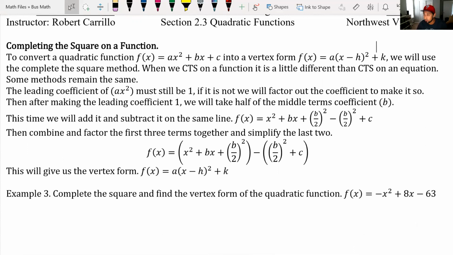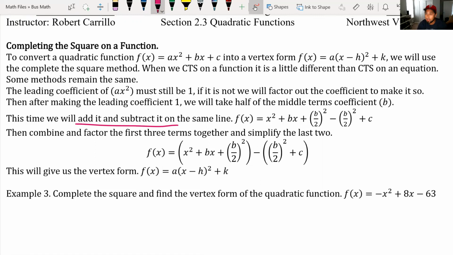If it's not, we will factor to make it so, like we did on the last example. And this time, instead of adding it to both sides, because we don't have two sides, we only have one side, that's the right side, we will now add it and subtract it on the same side.